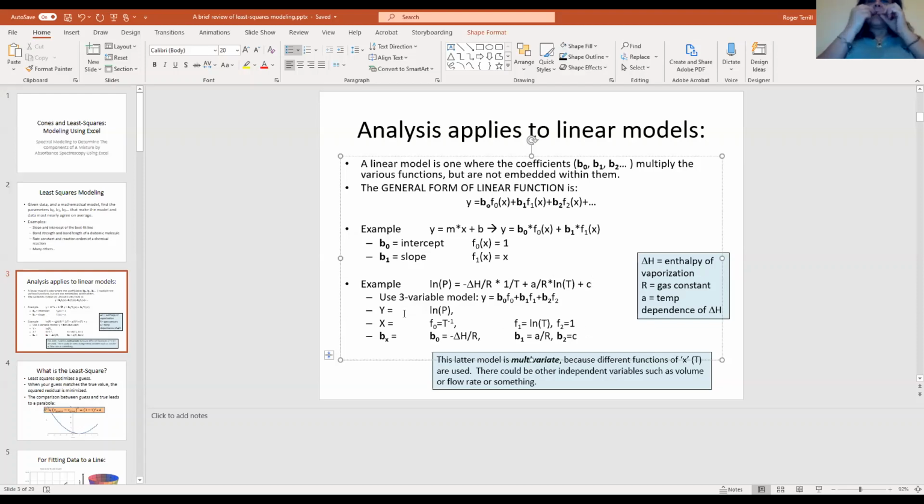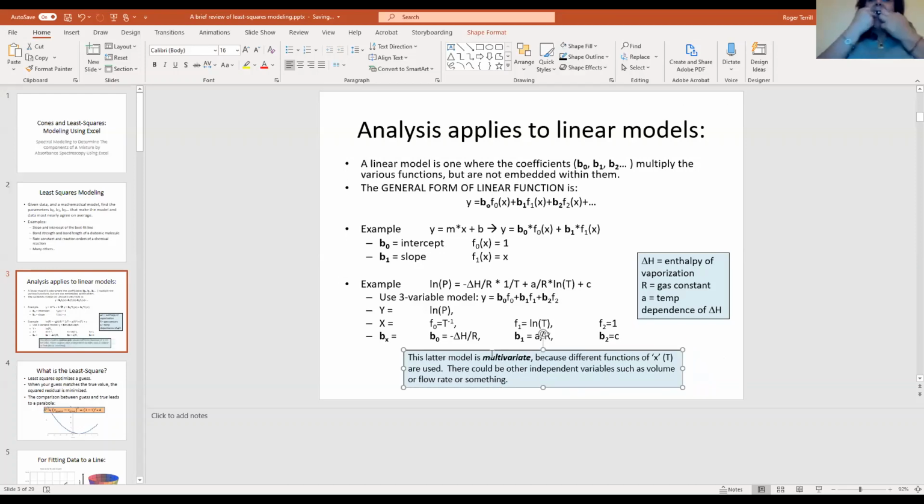So here y is the log of P, and x is this set of variables: T to the minus 1, log of T, and the number 1. And the coefficients that come out here are going to be minus delta H over R, A over R, and some constant C, right?